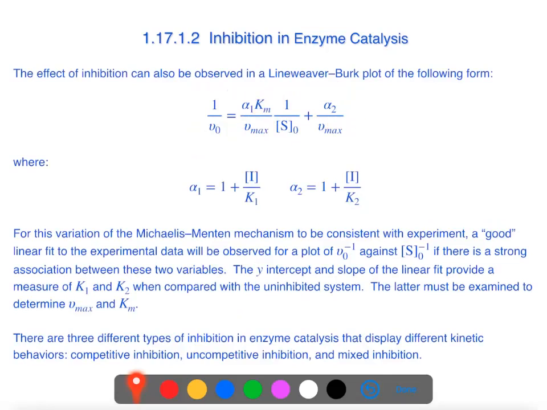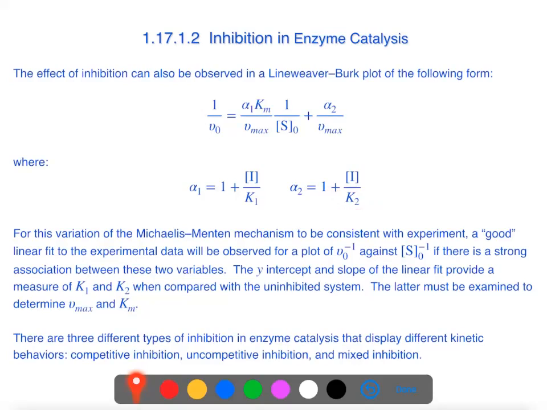And again, alpha 1 is equal to 1 plus the inhibitor concentration over the equilibrium constant for the dissociation of the enzyme inhibitor complex, whereas alpha 2 is equal to 1 plus the inhibitor concentration divided by the dissociation equilibrium constant for the enzyme substrate inhibitor complex.